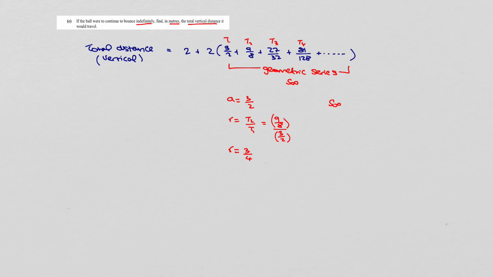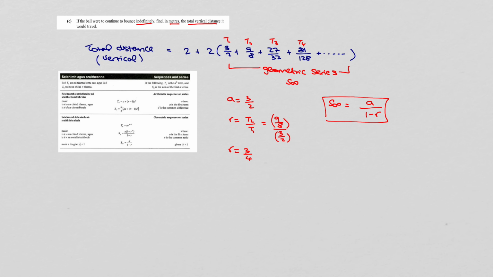Our sum to infinity is a over 1 minus r, which again can be found on page 20 in our maths tables. We can see that here on the bottom. So subbing in, we have a, which is 3 over 2, divided by 1 minus 3 over 4. So 3 over 2 divided by a quarter gives us a sum to infinity of 6.